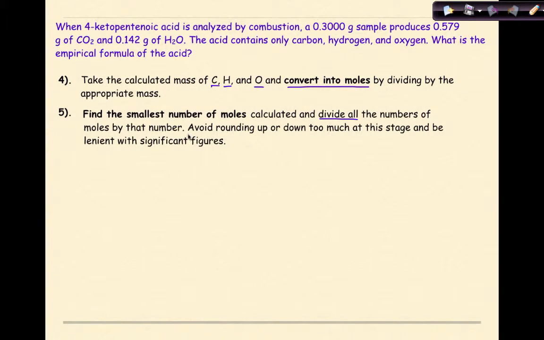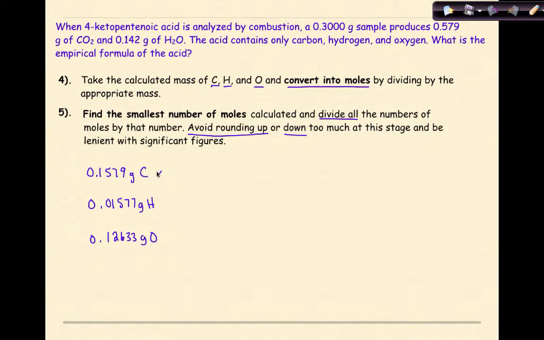Now remember, avoid rounding up or down too much at this stage and be lenient with significant figures. So what are we really doing here? Well, we know from step 2 and step 3 that we had 0.1579 grams of carbon, 0.01577 grams of hydrogen, and 0.12633 grams of oxygen, which we found from step 3.